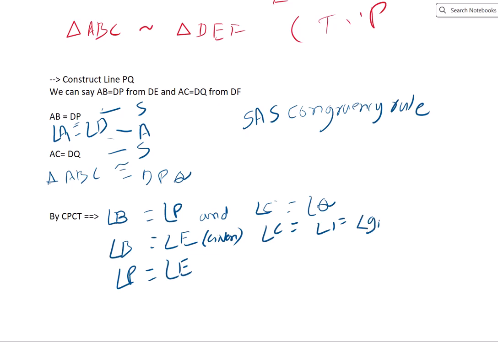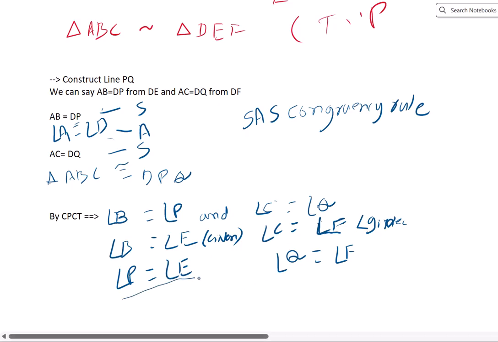So then similarly, angle Q will become equal to angle F because the LHS are equal. So now we have come to the conclusion that angle P equal to angle E and angle Q equal to angle F.